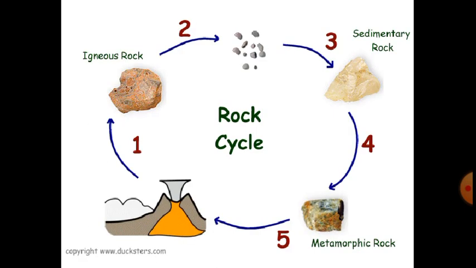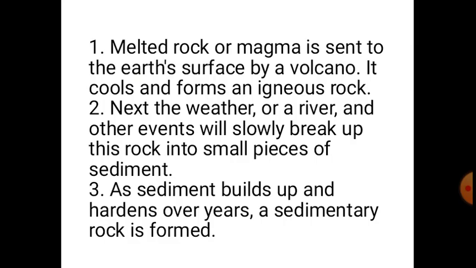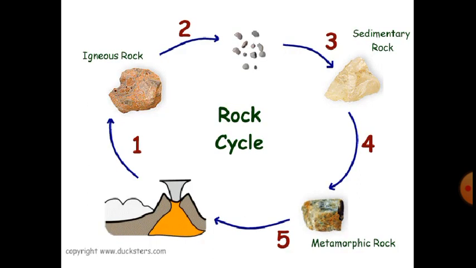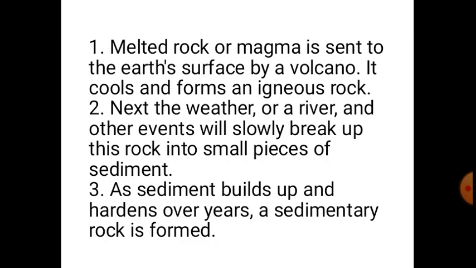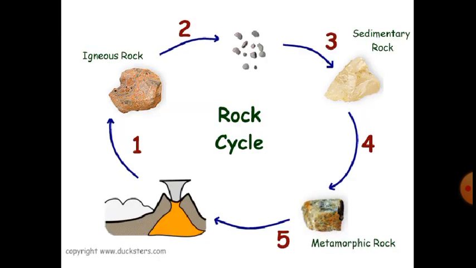Now take a very good look at this diagram because I'm going to explain what 1 stands for, 2, 3, 4, and 5. 1 is a melted rock or magma that is sent to the earth's surface by a volcano, and it cools and forms igneous rock. So 1 forms what? Igneous rocks.